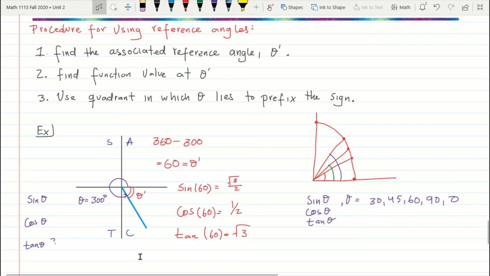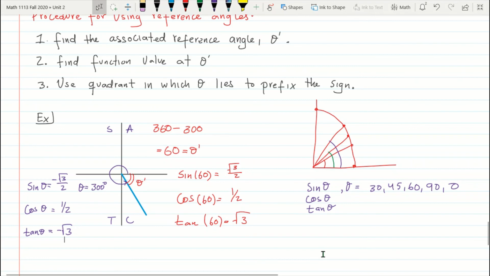So we translate those values here and we just make them according to the sign that they have. In reality, sine of theta, or sine of 300 degrees, is negative square root of 3 over 2. Cosine of 300 degrees is positive 1/2. And tangent of theta is going to be negative square root of 3.